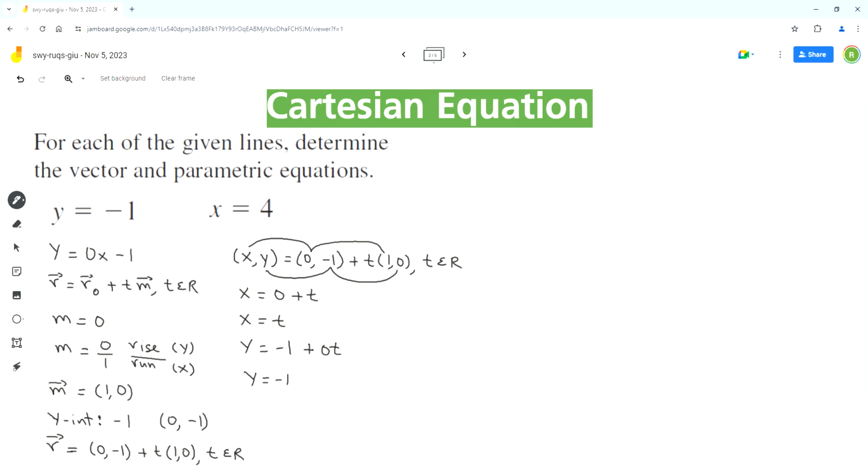So we can write the x and y equations together. So these are the parametric equations for the first given line. Now we can analyze the second given line.